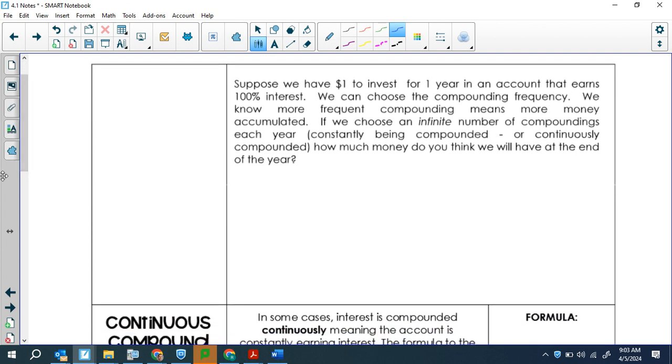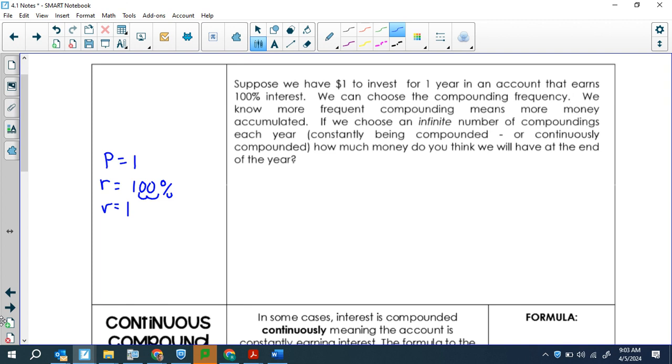So in this case, again, we're starting with $1, so our P is 1. Our rate is 100%. If I move that decimal 2 to the left, I get 1. That's our rate.